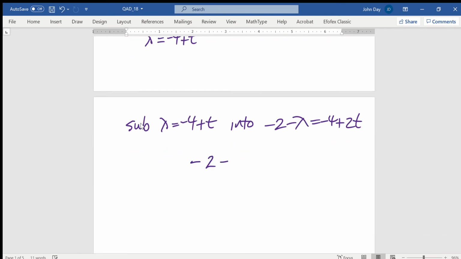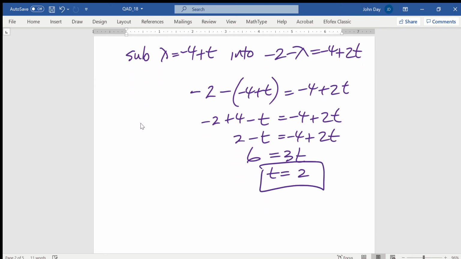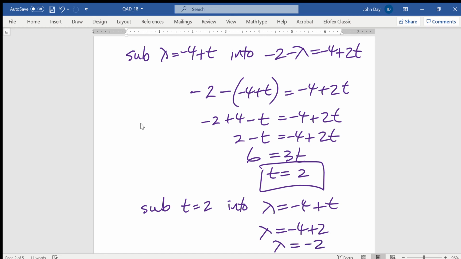So minus 2 minus (negative 4 plus t) equals minus 4 plus 2t. So minus 2 plus 4 minus t equals minus 4 plus 2t. So 2 minus t equals minus 4 plus 2t. 6 equals 3t, t equals 2. Okay, now sub t equals 2 into lambda equals minus 4 plus t. So lambda equals minus 4 plus 2, so lambda equals minus 2.